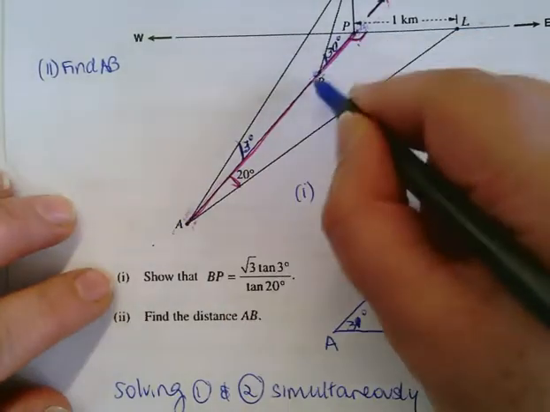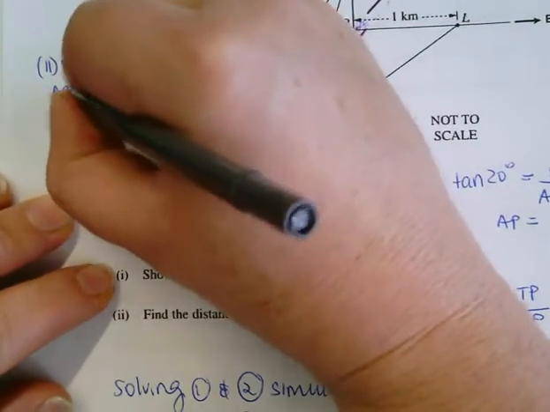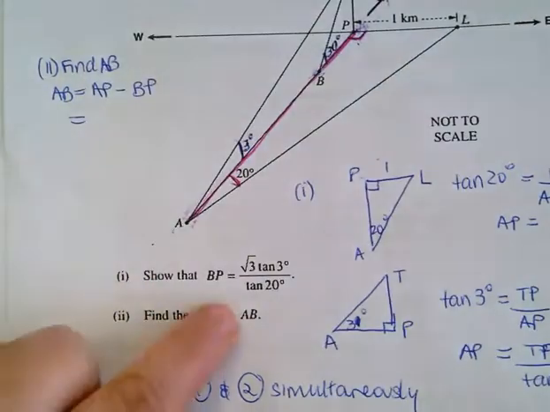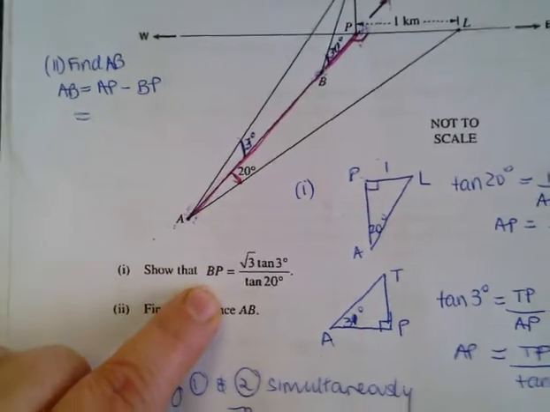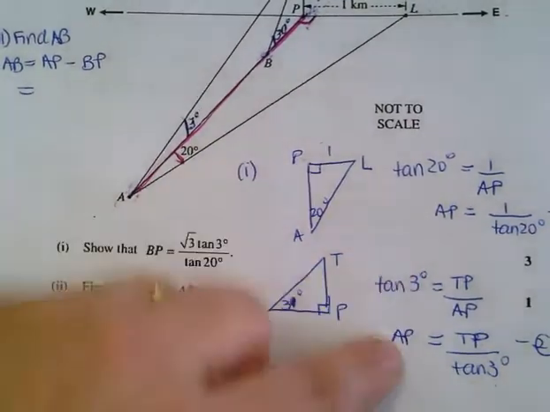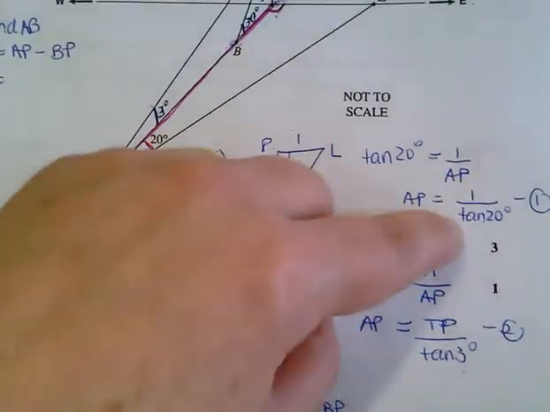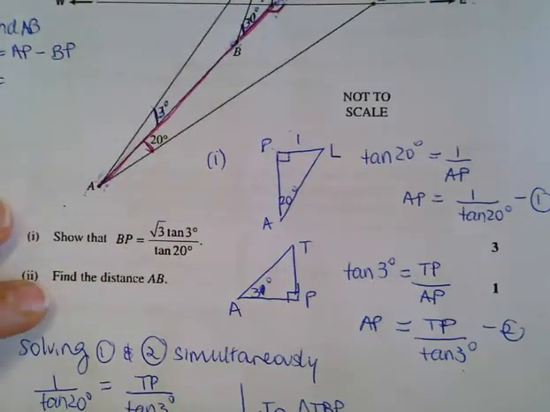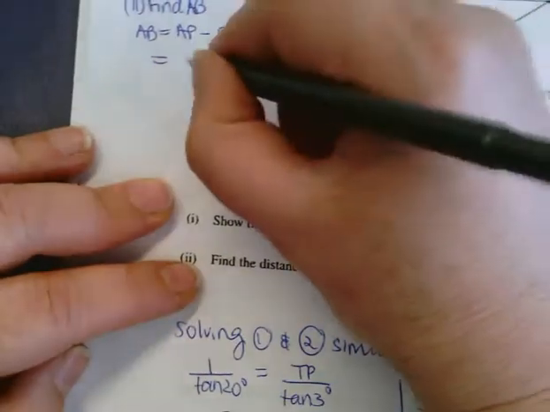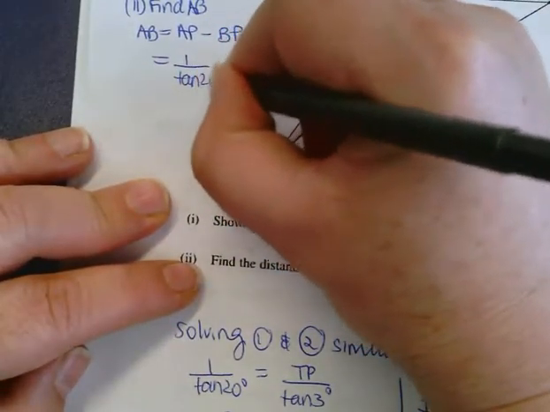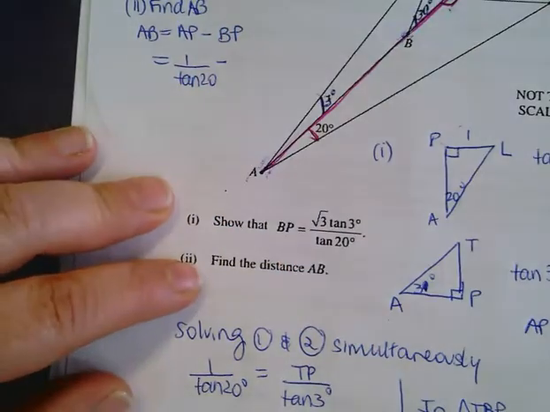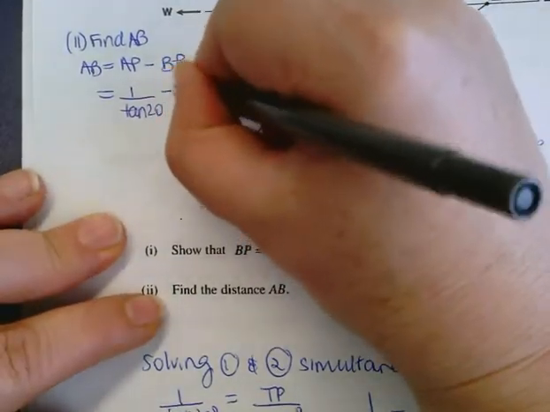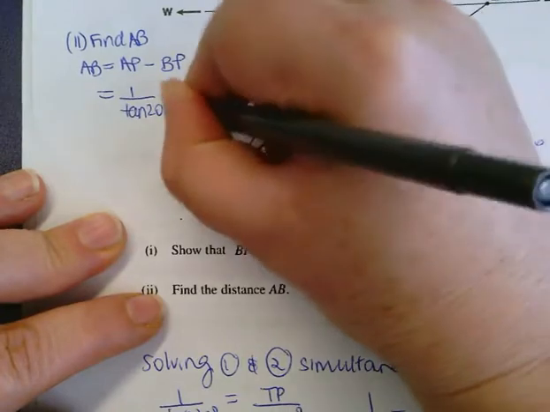AB equals AP minus BP. We've just come up with an expression for BP, and from part 1 in our working, there are 2 expressions for AP, but you would use the one without the unknowns. You would use the 1 over tan 20, wouldn't you? So it's 1 over tan 20 minus the expression we just got for BP, which is root 3 tan 3 over tan 20.